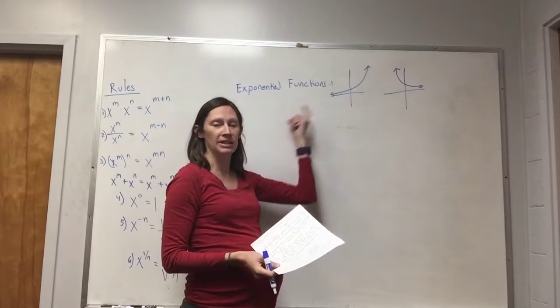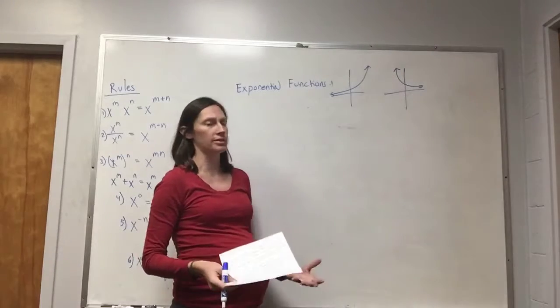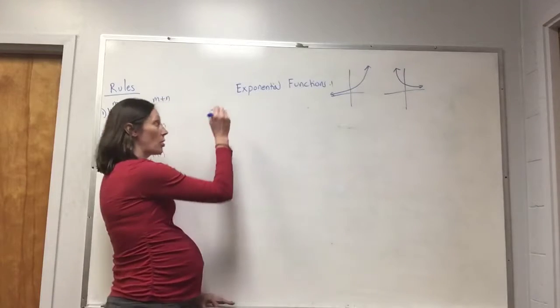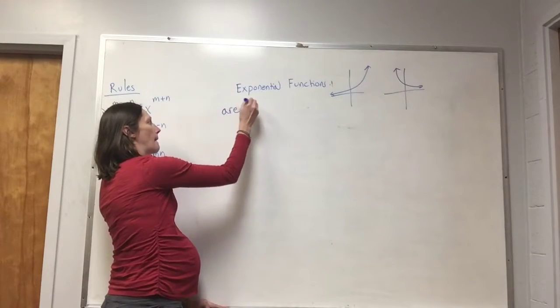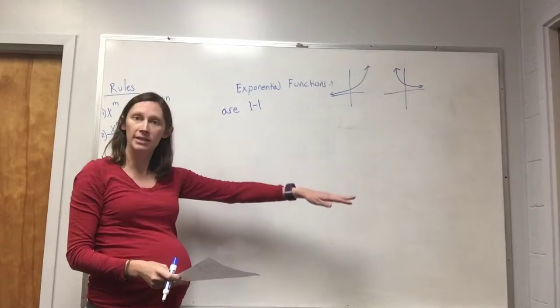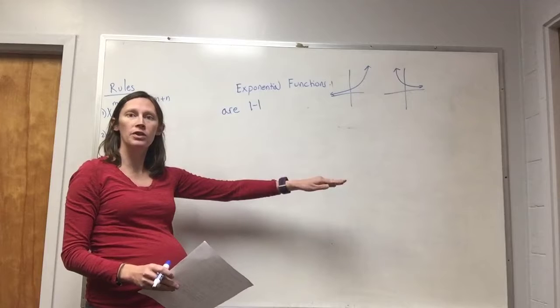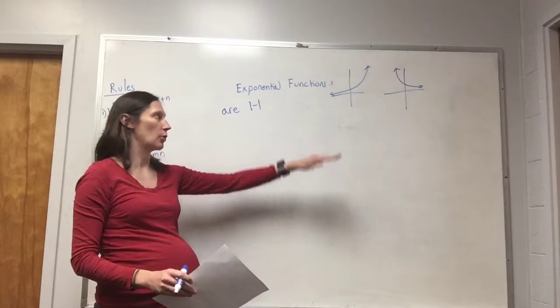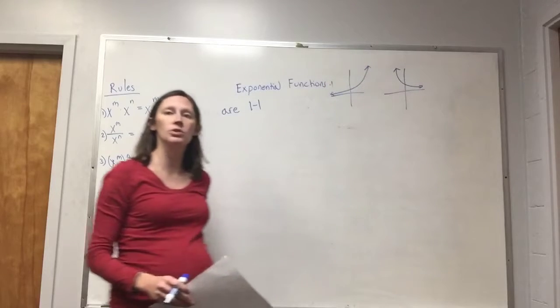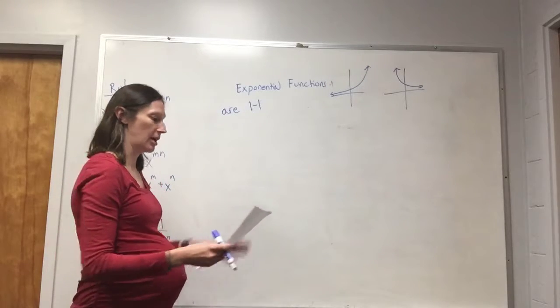Maybe it goes left because I add something near the x. Remember all your translation rules. No matter how I shift these, they are still one-to-one. They pass that horizontal line test that was part of the inverse functions video. So every horizontal line will only hit the function in at most one point, okay?